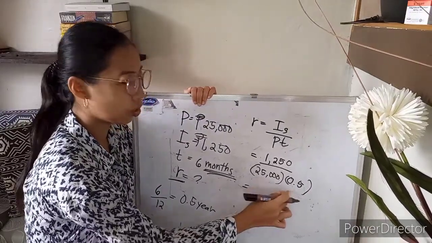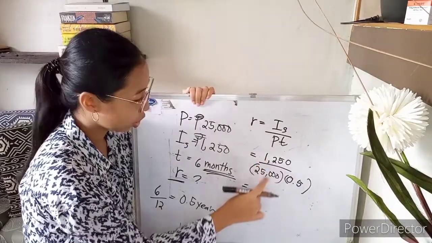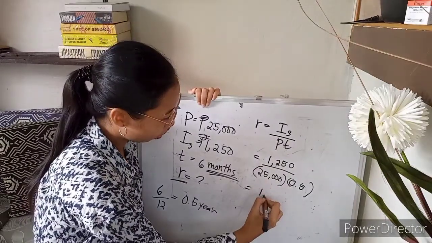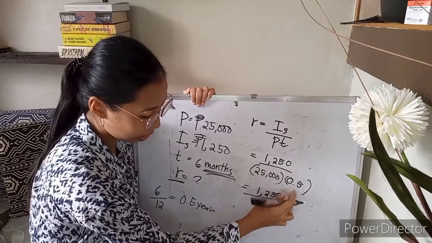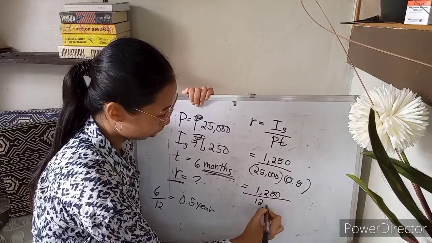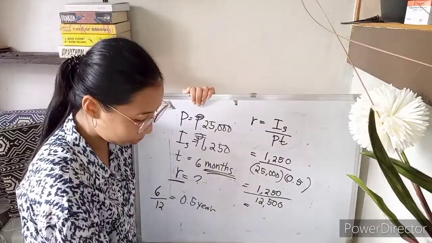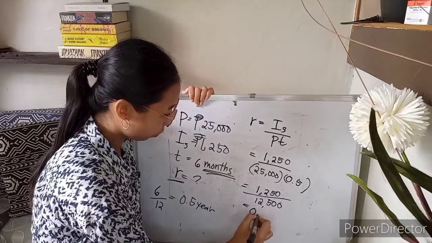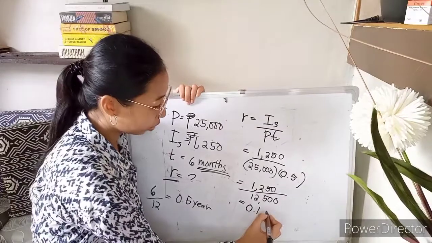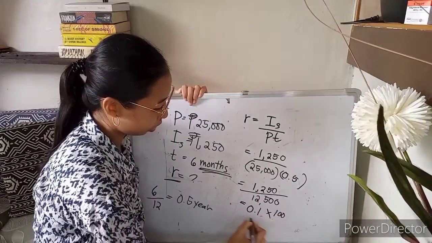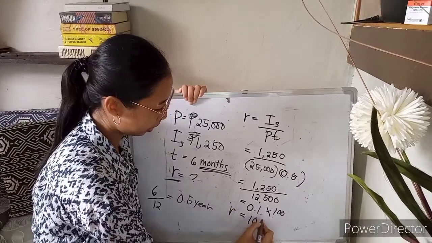Okay, we multiply the two first before we divide the I S. So, this is going to be 1,250 pesos divided by the answer of this, which is 12,500. So, we divide the two. The final answer is 0.1. Okay? If we put it in percentage form, we multiply by 100. So, what is our final answer for the rate? 10%.